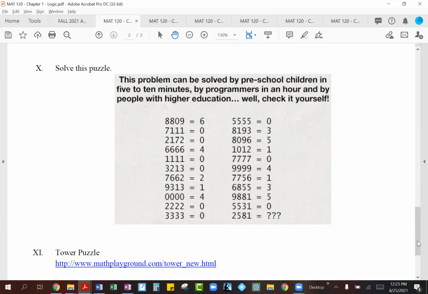But this one over here, number 10, is saying this problem can be solved by preschool children in 5 to 10 minutes, by programmers in an hour, by people with higher education. They're saying, well, see how long it takes you. Again, this is kind of figuring out, because if you add the digits of 8, 8, 0, and 9, they do not add up to 6. So obviously, the value for the numbers is different than what you are seeing.